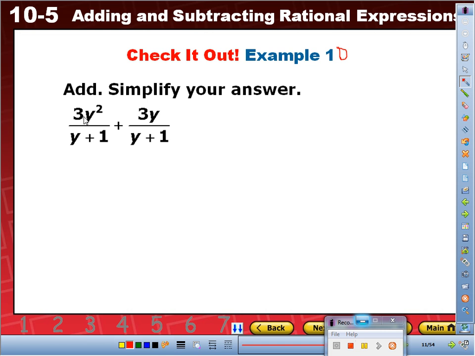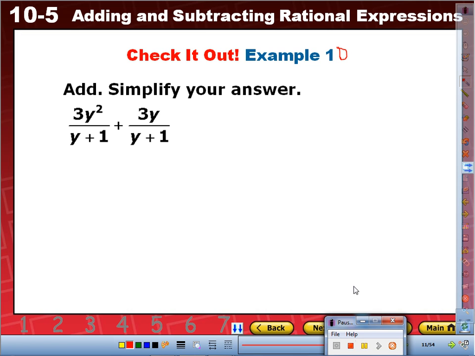All right. 3y squared over y plus 1 plus 3y over y plus 1. Do that one by yourself. Hopefully by now you should be able to finish it off. Go. Now I'll get somebody to help me with this one. Okay, let me get the randomizer. Before I pick somebody, show your neighbor, see if they got something similar to yours.